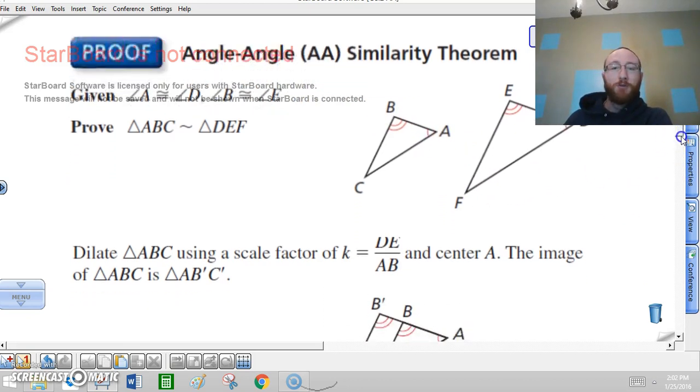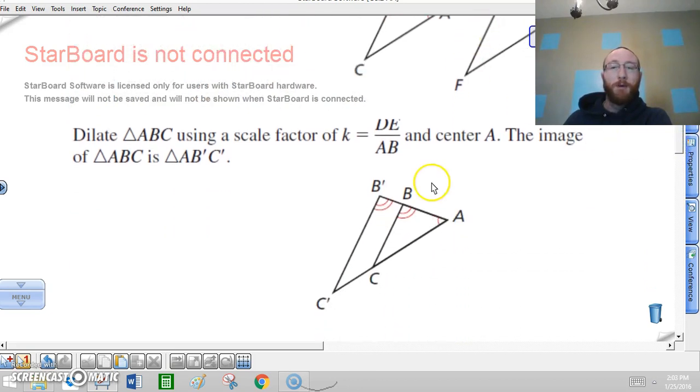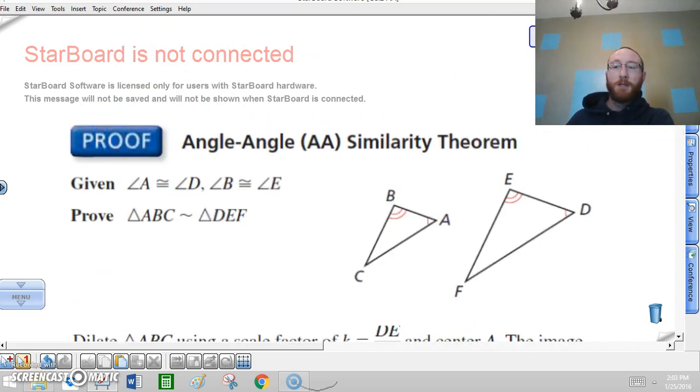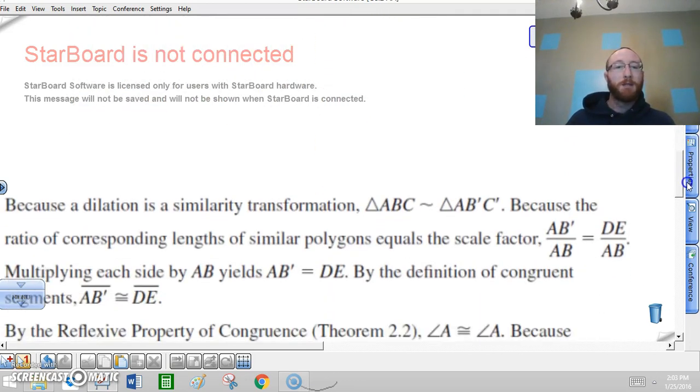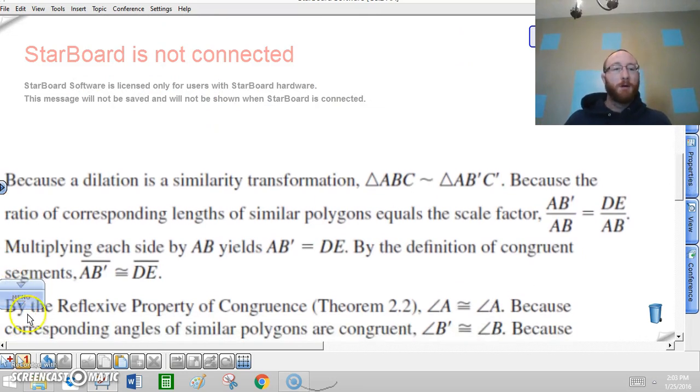What happens is that new triangle, A prime, B prime, C prime, is now going to be the same exact size as triangle DEF. All right? And now, once we have the right size, all that remains is for us to verify the segments are congruent.